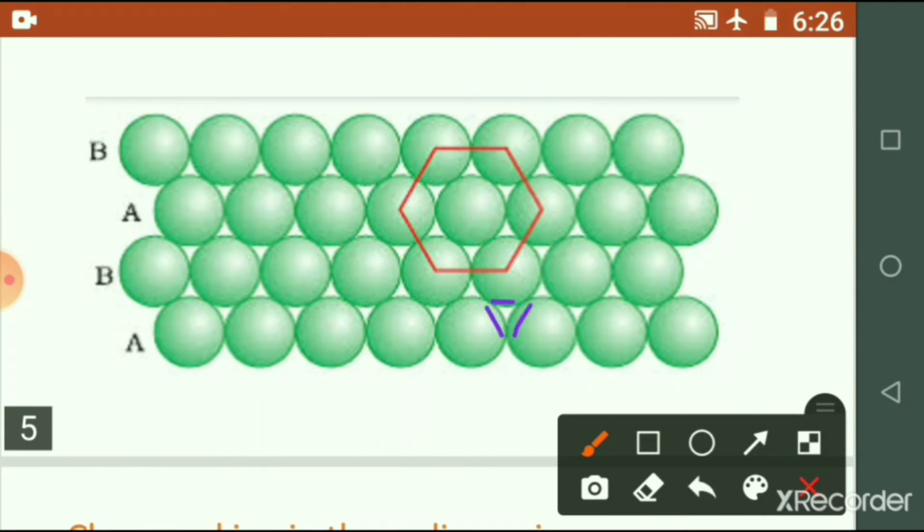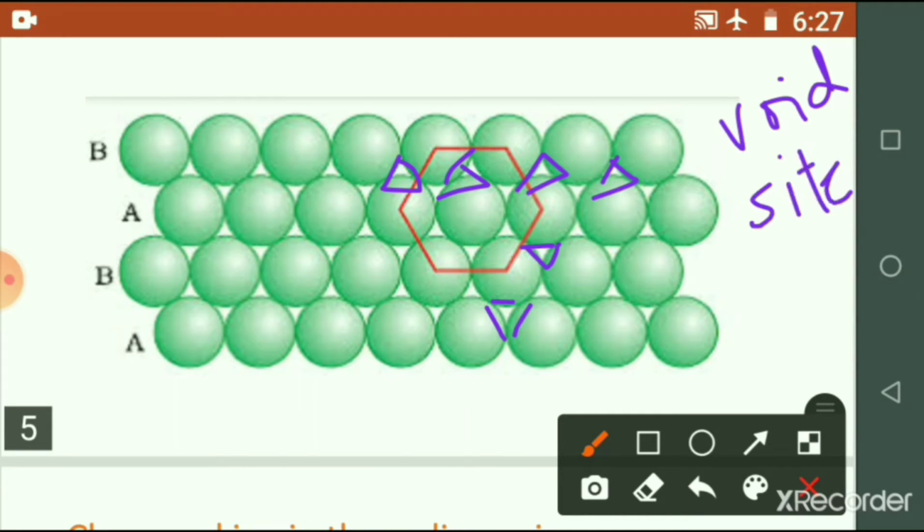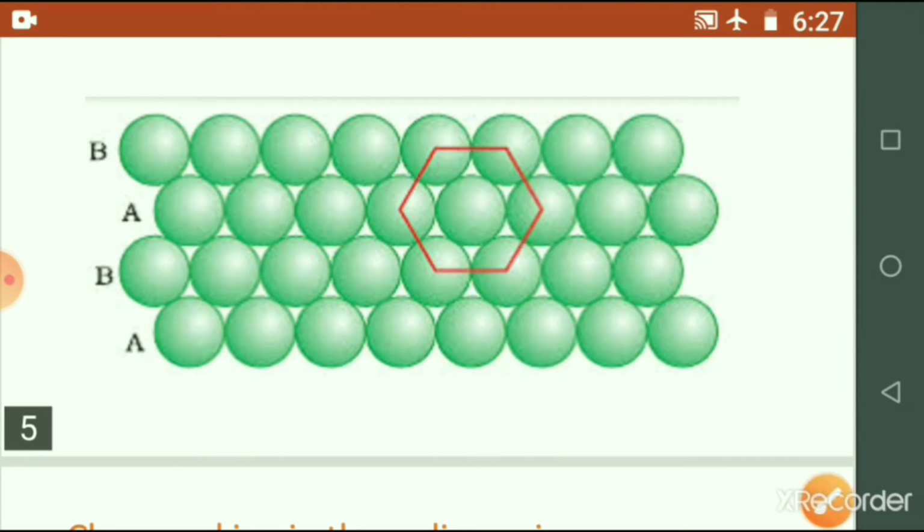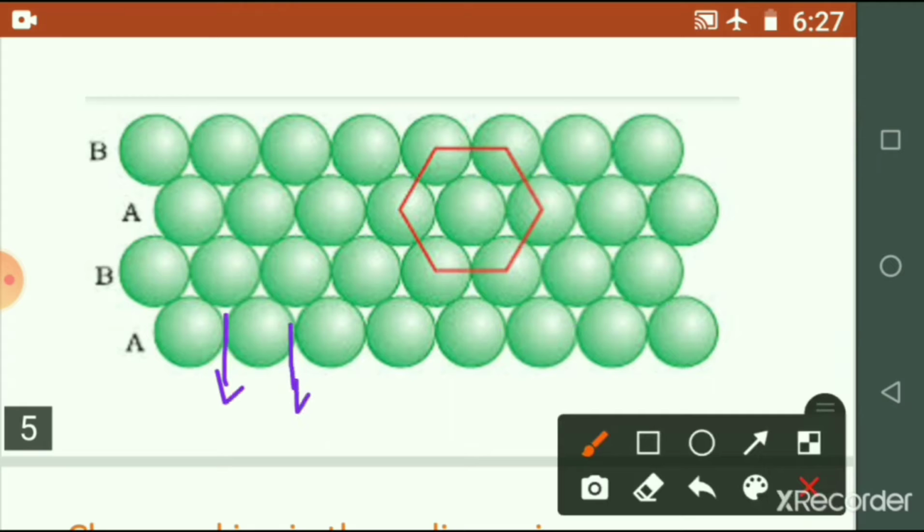It is a triangle. Here also we see a triangle. So here we are observing the triangular empty space. This empty space is called a void, or a site. These voids are triangular in nature, and always we see that in one layer the triangles are pointing downwards.